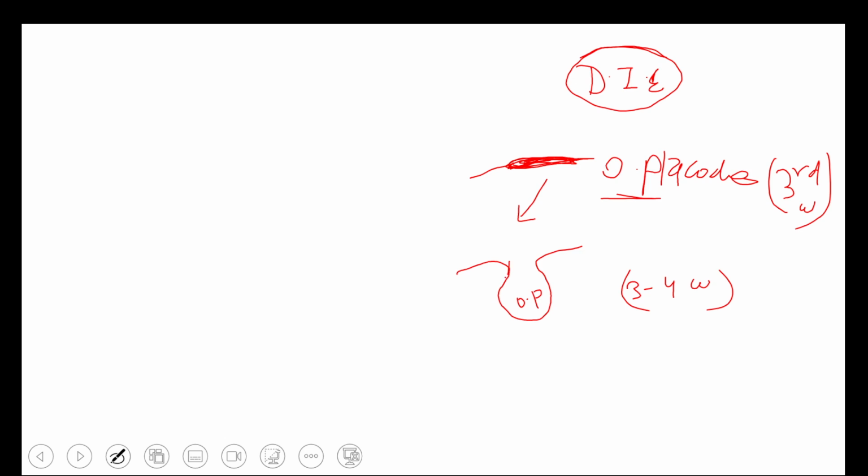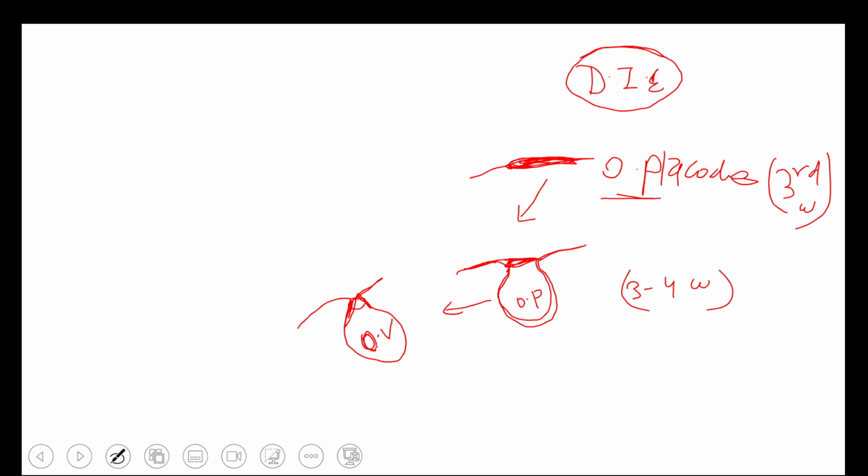This otic pit later on, after the fusion of the surface ectoderm, leads to the formation of the otic vesicle, which is connected to the surface ectoderm with the help of a stem-like structure.